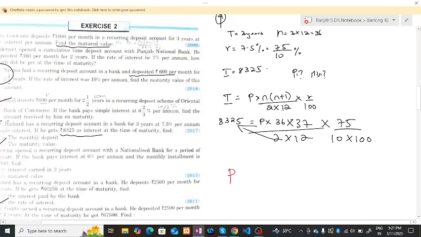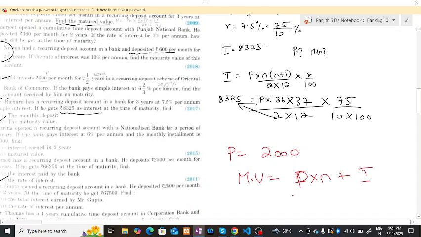Or you can even reduce it and shift. However you do it, you should get P as 2000. Maturity value is equal to P into N plus I. So 2000 into 36. What's the final answer?